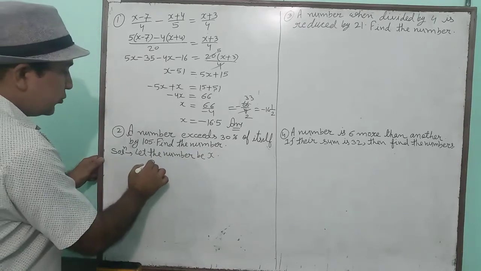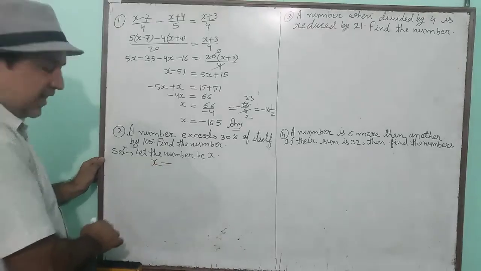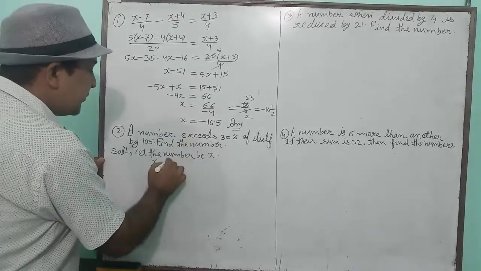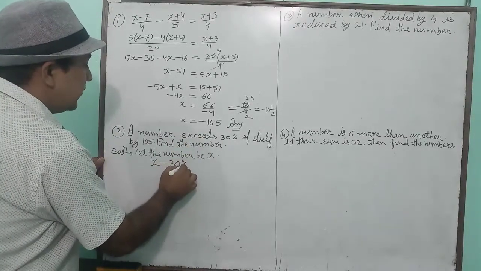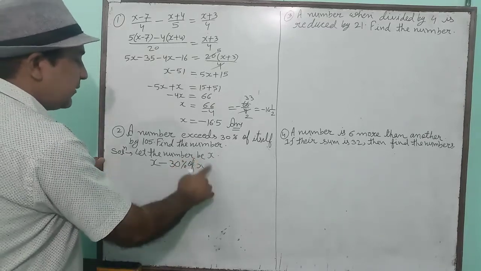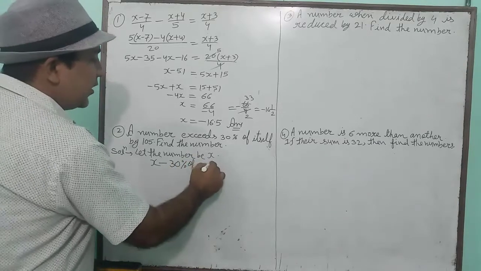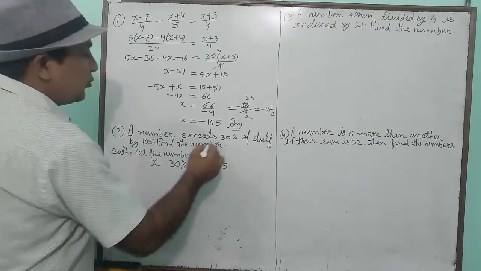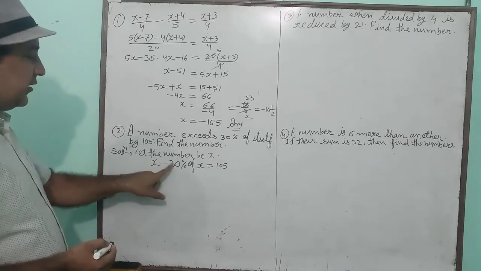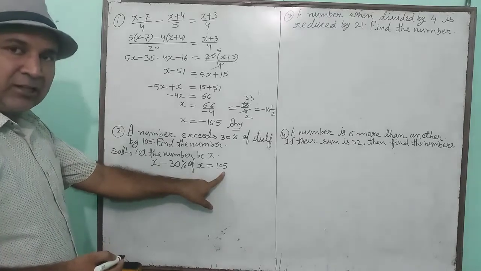Now according to the question, the number exceeds, at the place of exceeds we put minus, 30% of itself. 30% of itself means of the number itself. So x minus 30% of x is equal to 105. A number exceeds 30% of itself by 105.